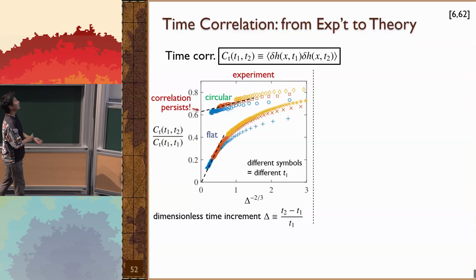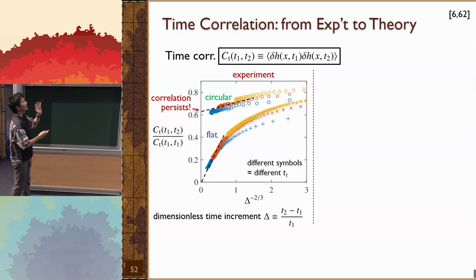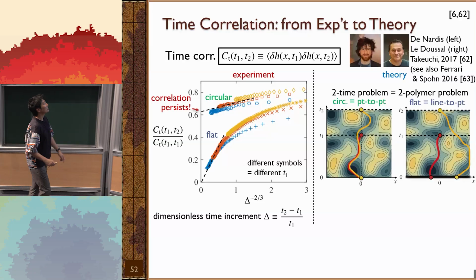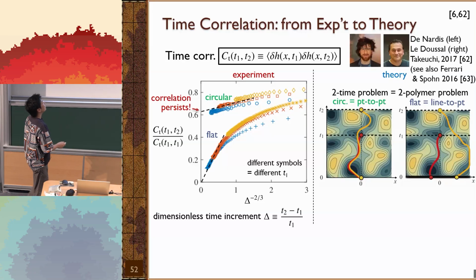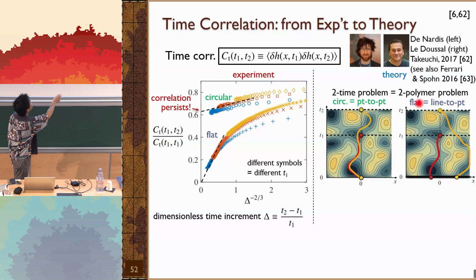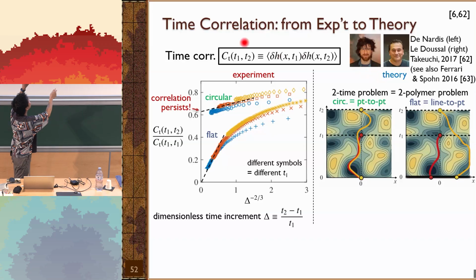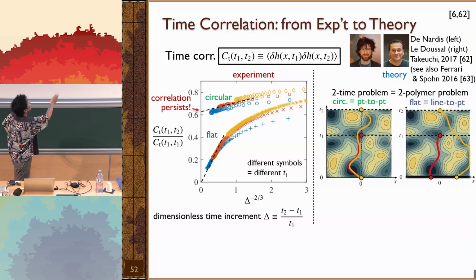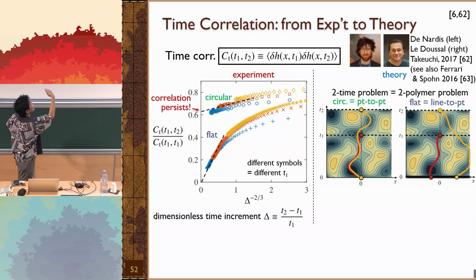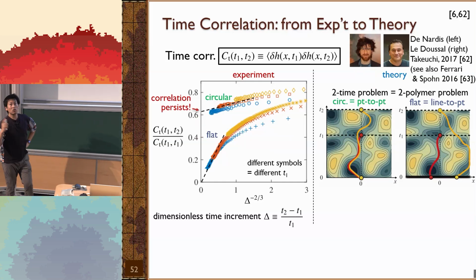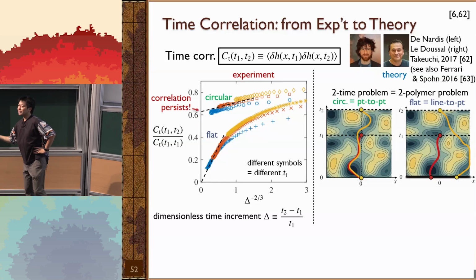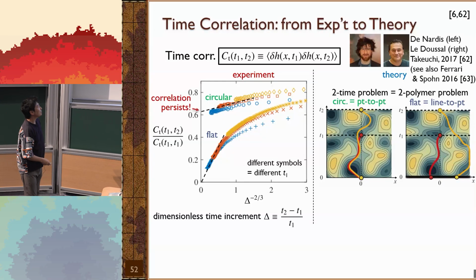I found it weird, but thanks to great theoreticians, we worked together, and they got, theoretically, an approximate solution to this two-point quantity. They gave a very clear physical picture to explain this difference. I remind you that the KPZ equation can be mapped to the directed polymer problem.